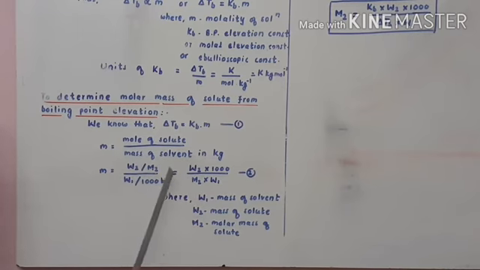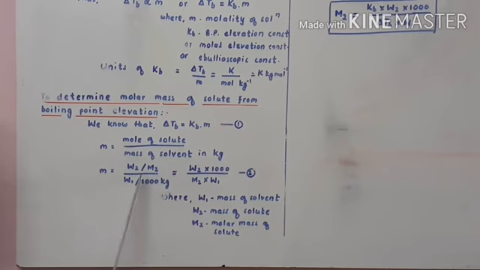So number of moles of solute can be calculated by W2 upon M2, mass of solute upon molar mass of solute, and then mass of solvent in kilogram. Here mass of solvent is taken W1 upon 1000.